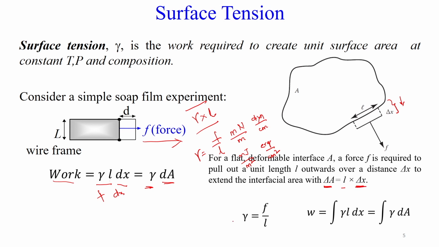Now, as you know, the surface tension is F upon L. So, the total work will be F into dx again here. F will be gamma into L into dx. So, if you integrate gamma over the entire area, you should be able to calculate the work done, or you can say the work of adhesion, or the change in the free energy for the change in unit area.